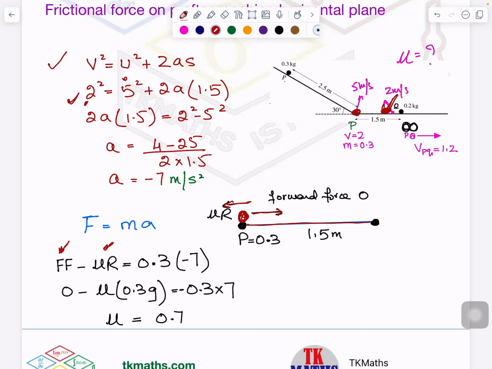How did I get R? Because the weight of particle P here was 0.3 g, which is 3 Newton. So the same is the reaction force here, because according to Newton's third law of motion, equal and opposite forces. So that's why I'm writing here R as 0.3 g. After that I'm simply solving it to get the value of mu.